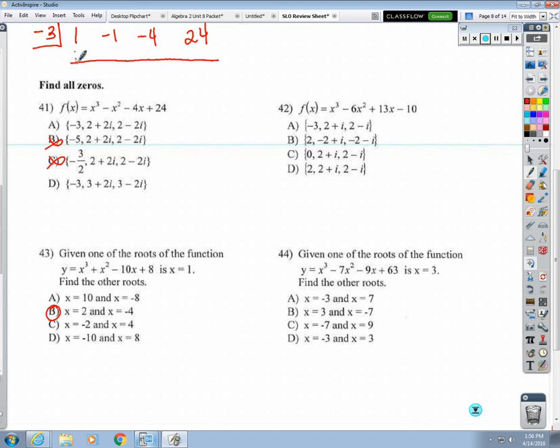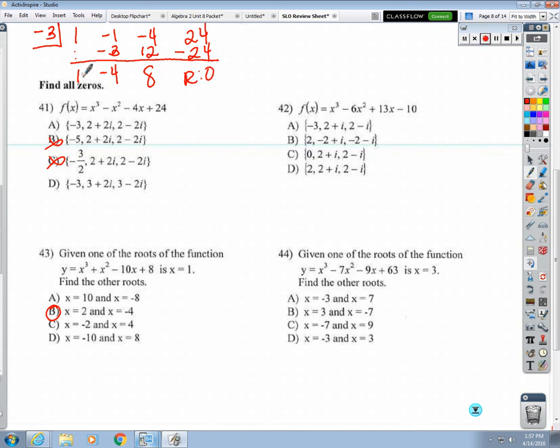Okay, the 1 drops down, multiplies by the -3. That then combines to be a -4. It multiplies by the -3 to be +12. That then combines to be what? 8. It multiplies by the -3 to be -24. So the remainder is 0.